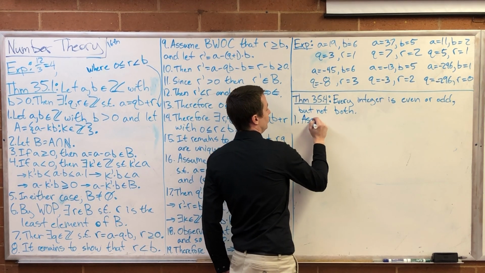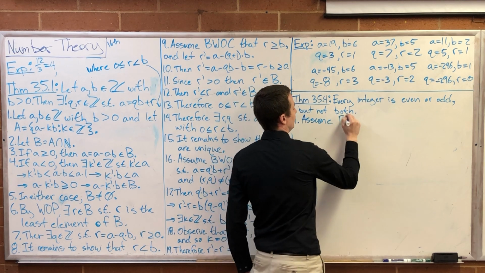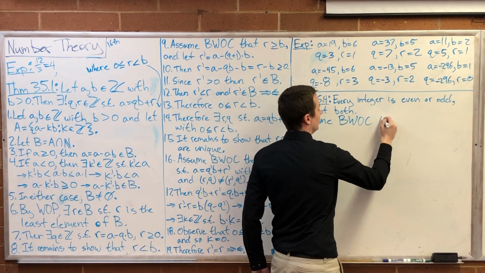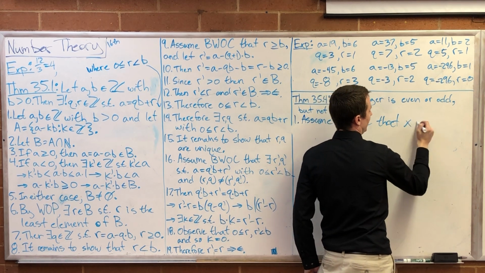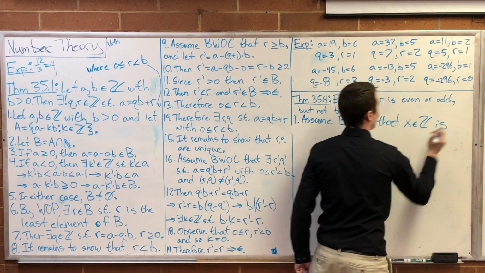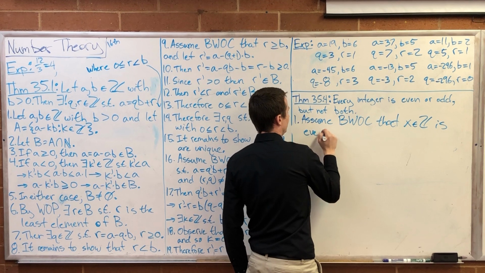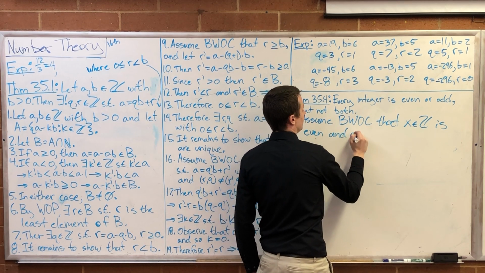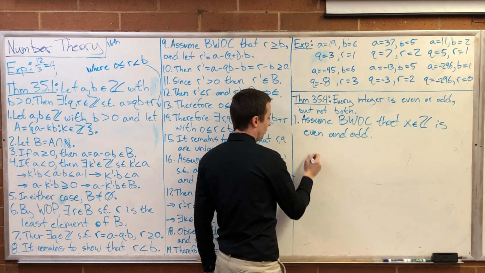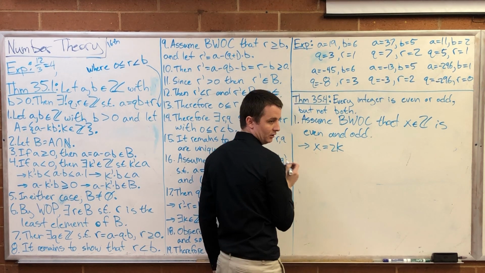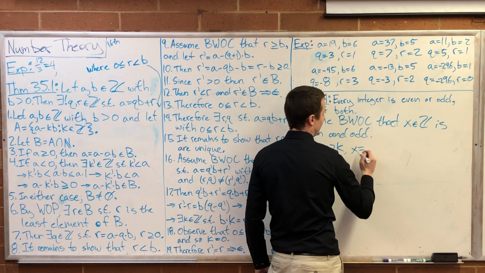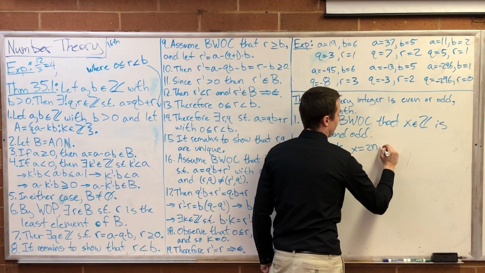Assume by way of contradiction that some integer, which we call x in Z, is even and odd. Well, what does that give us? That gives us x can be written as 2k, and x can be written as 2n plus 1.